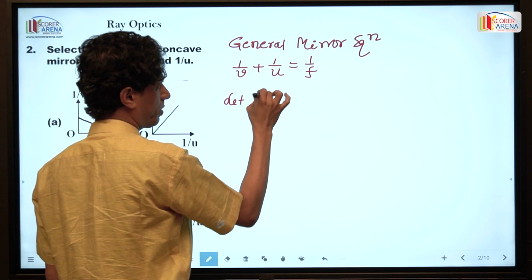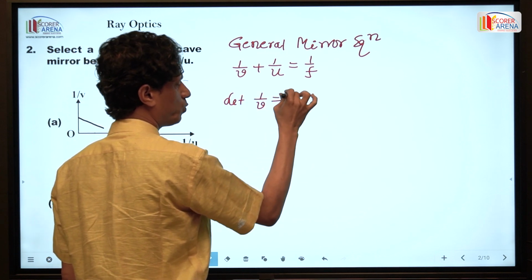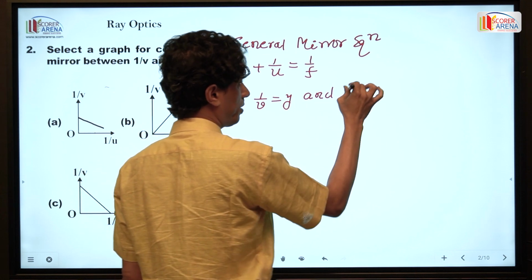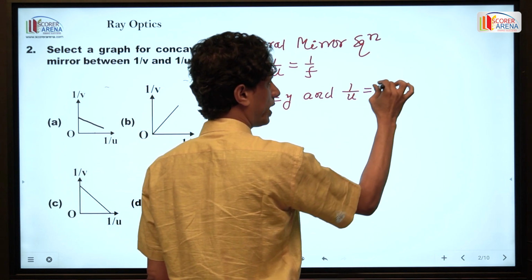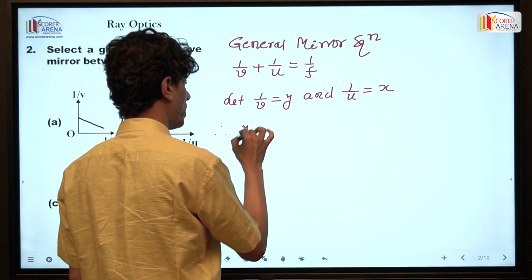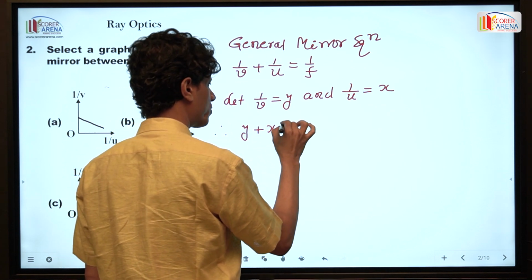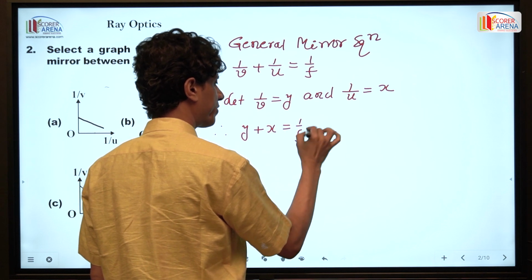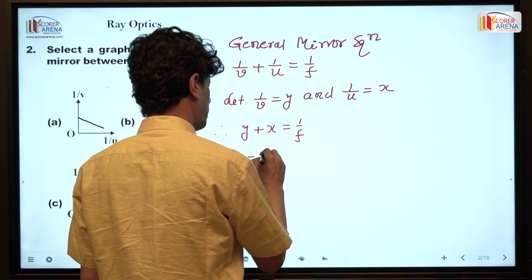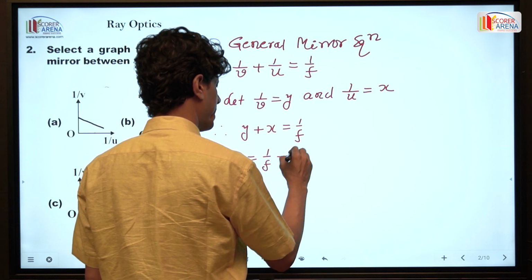Let 1 by v equal to y and 1 by u equal to x. So therefore the equation becomes y plus x is equal to 1 by f. So y is equal to 1 by f minus x.